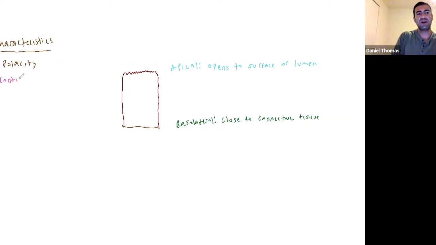As we talked about in previous chapters, the epithelial cells are not by themselves, but they are connected with something called tight junctions or desmosomes, which are like rivets. What this does is it makes these continuous.